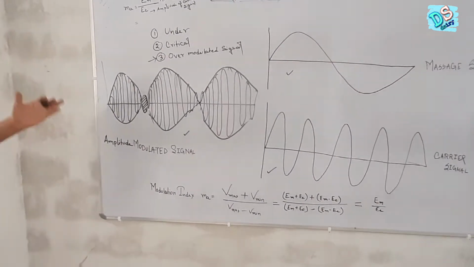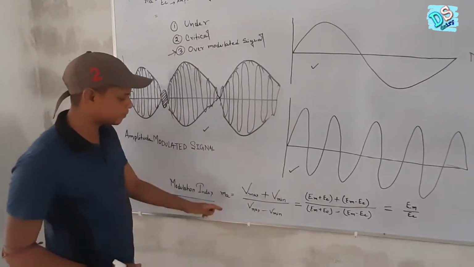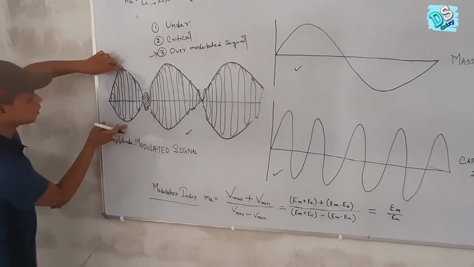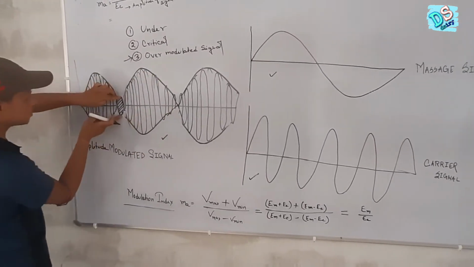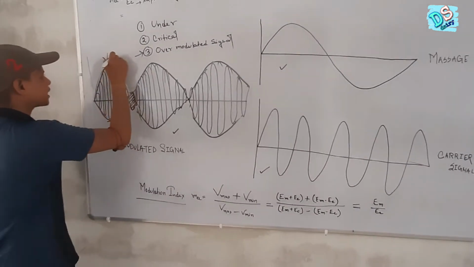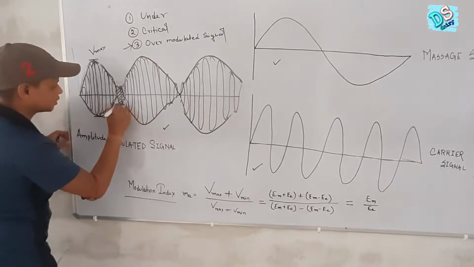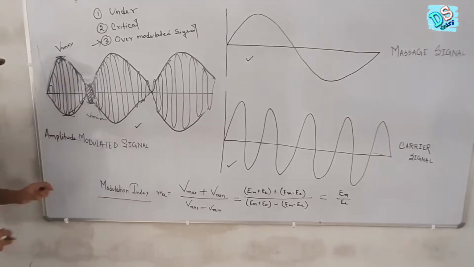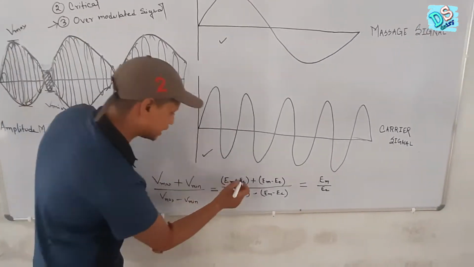But to derive MA, we have a formula like modulation index MA can be written as Vmax, means the maximum portion of our output signal, by the minimum portion. Suppose this is our signal, this is the maximum, means Vmax, and this is our minimum part, Vmin. Now if we calculate Vmax minus Vmin by Vmax plus Vmin, then we can actually calculate it here.